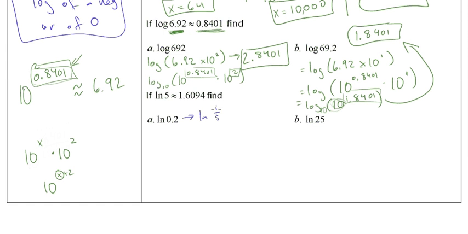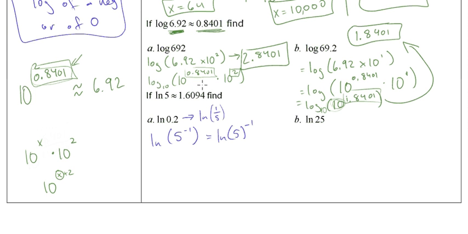That might help you see kind of where we're heading. All right, so natural log of 0.2 is going to be the natural log of 5 to the -1 power.